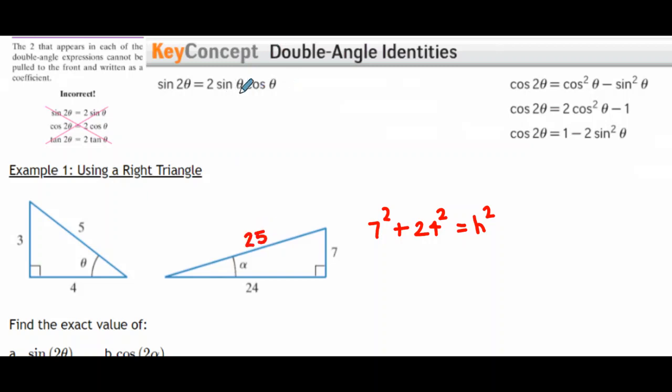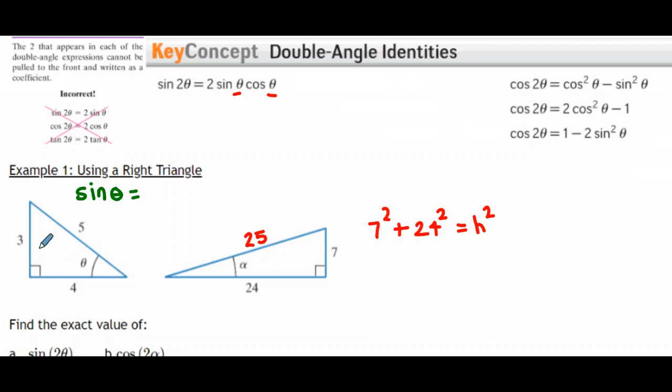Now looking at my formulas, notice that it says sine of single theta, sine and cosine of single theta. There's no 2 here. So for each triangle, I'm going to write the sine and cosine. In my first triangle, we have sine theta.